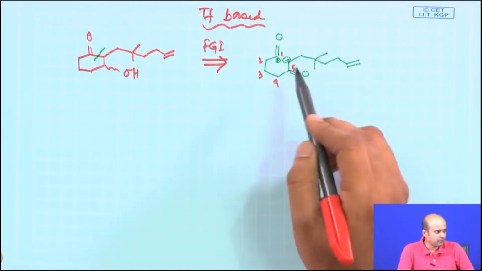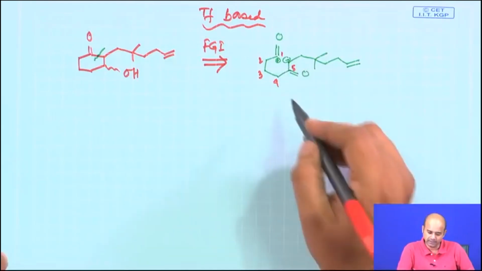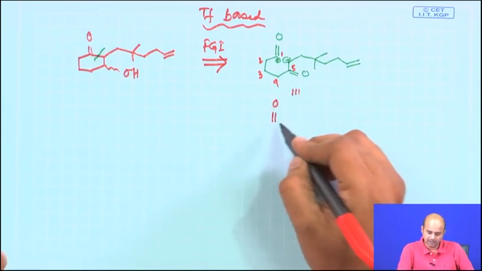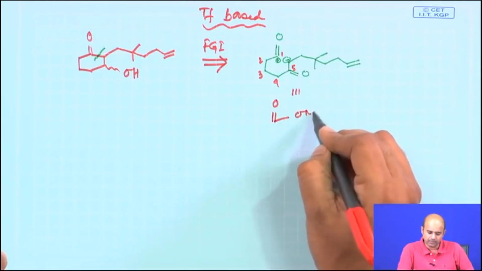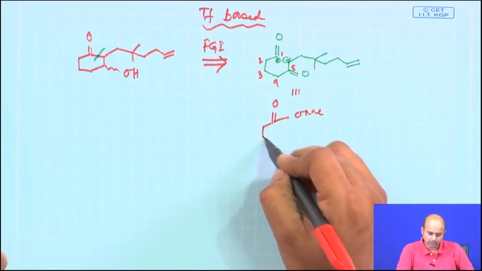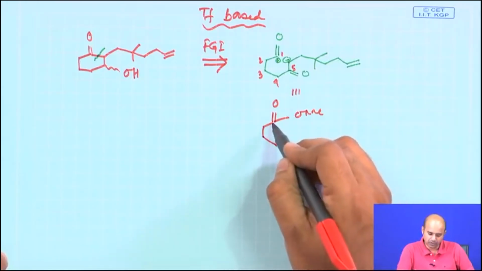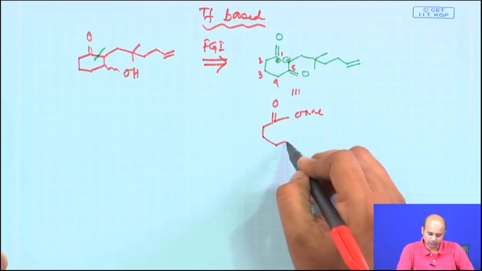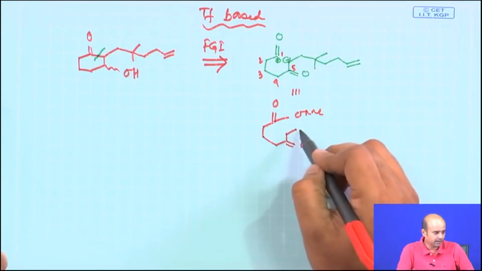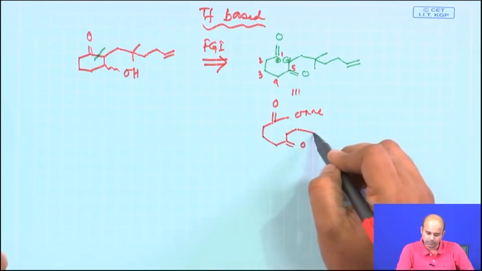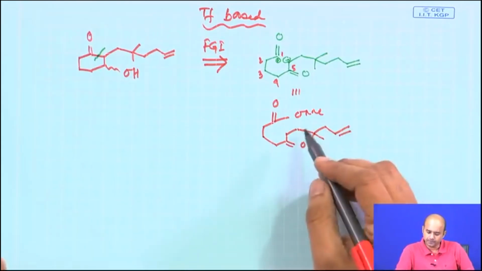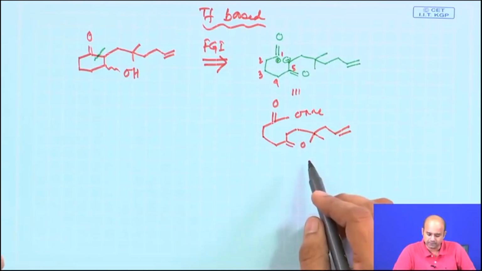Now, if you take a close look, this transformation is basically a Dieckmann type of reaction, or Dieckmann condensation more precisely. So, 1, 2, 3, 4, 5, and then we will put the entire alkyl group as it is. So this is a perfect example of a Dieckmann condensation.